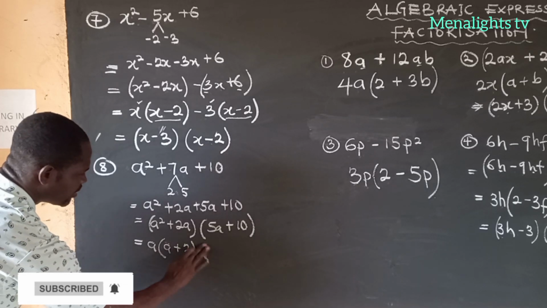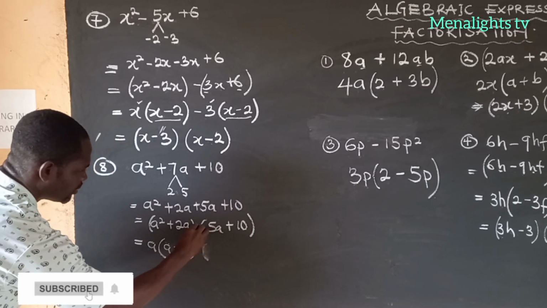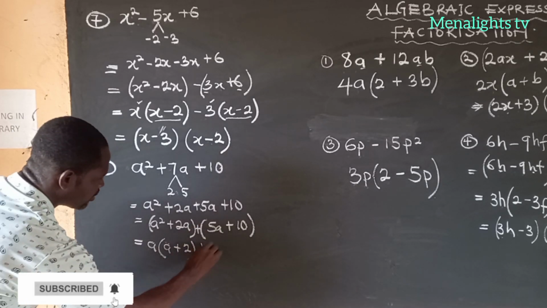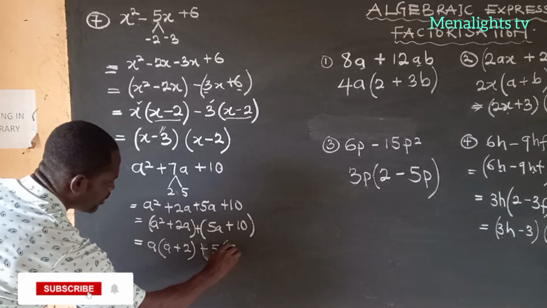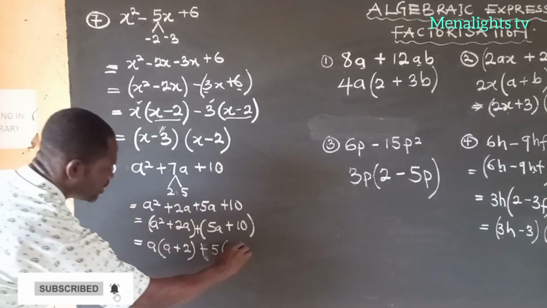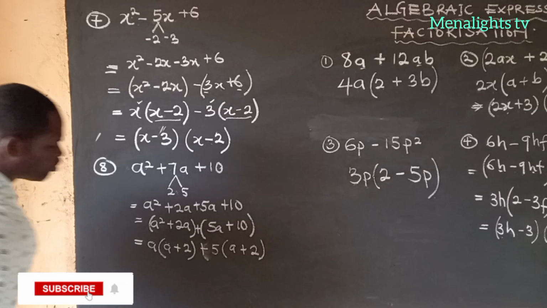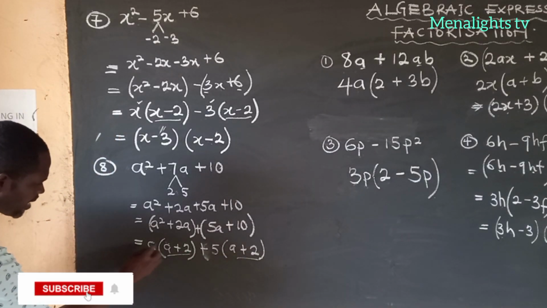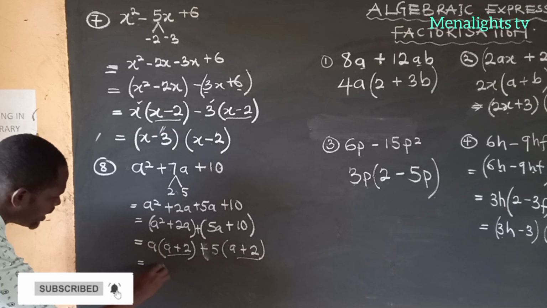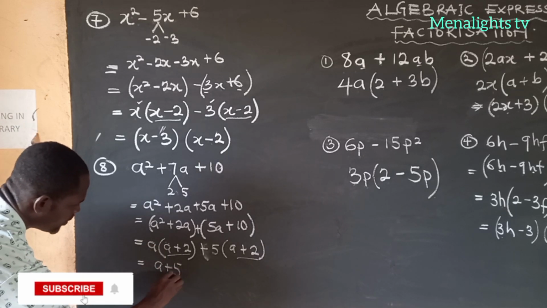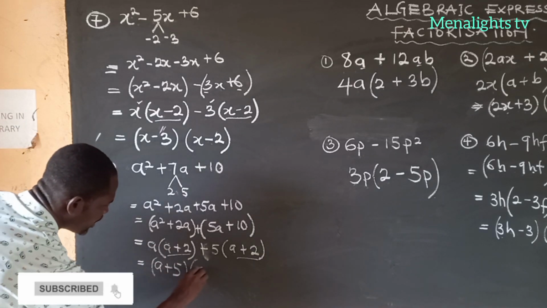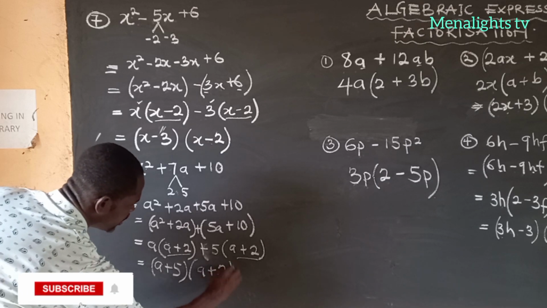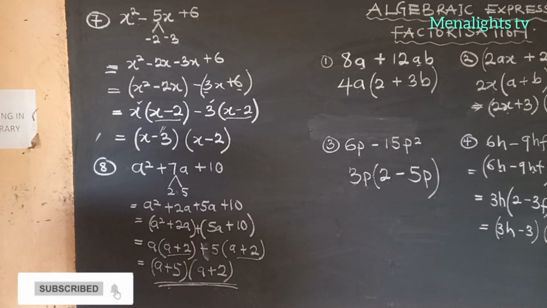Then in another bracket, the plus has to come. So plus 5 out, we have the a, 5 will go into 10 plus 2. So when you look at it, the things we have in the bracket are the same. So here we have those outside, a plus 5, then a plus 2 as the final answer.